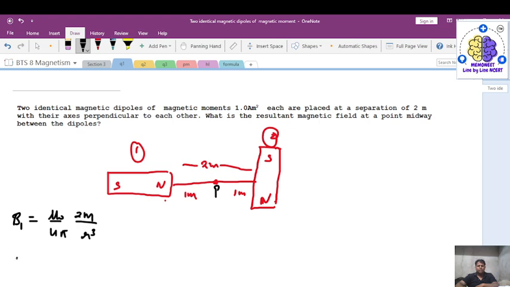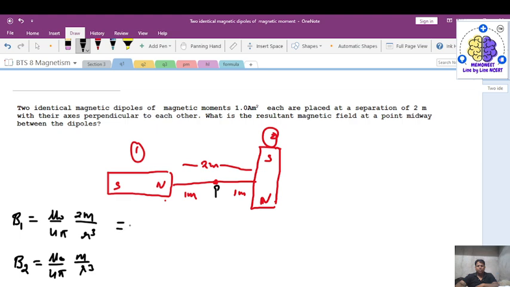And similarly, B2 will be for the second magnet, point P is at the equatorial line. So for equatorial line, we will have magnetic field as mu naught upon 4 pi m upon r cube, right?